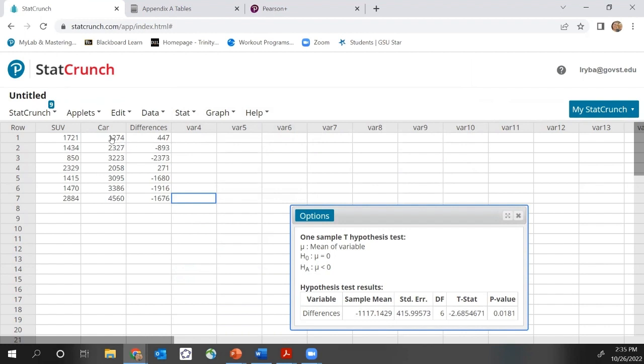Right there, 1434 minus 2327, and you're writing those answers there. And then you can do a 1 sample test on this data set, and you get the exact same answer that yes, the difference is less than 0. Clearly, SUV takes less damage than a car.